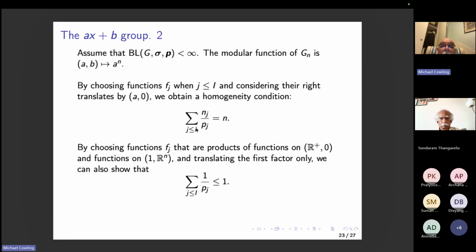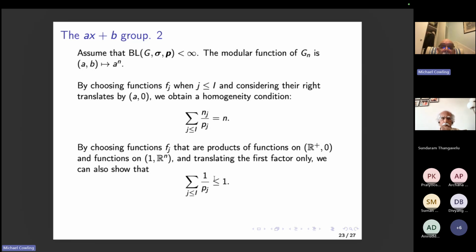Then I get a similar kind of equation, but because I'm only doing a translate in the first factor, I don't see the nj, I just get a 1, and I get a sum of 1 over pj's, and this has to be less than or equal to 1. So by looking at two examples, I get two inequalities.